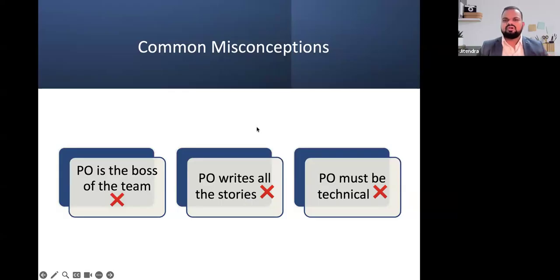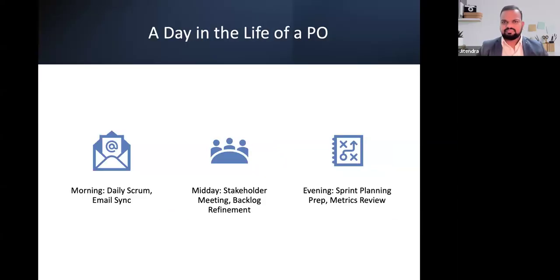They're able to understand the product and do the job. And if they have any specific questions or clarification, as a PO, I'm going to help the team to understand.